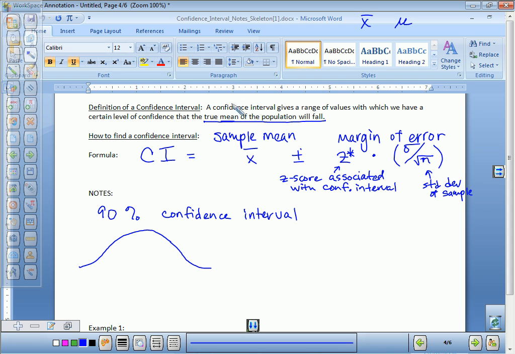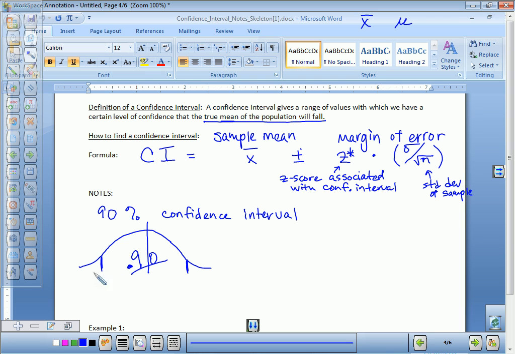A confidence interval gives the range in which the true mean of the population will fall. So the mean of our data is in the middle, right? But we want to be 90% confident. So if we want the mean in here somewhere, we want this middle part to be 0.90, so we can have that 90% confidence.